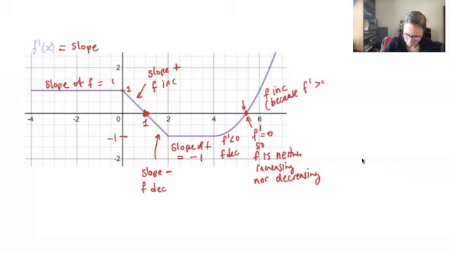Because f prime is positive, not because this is increasing. So this gives us an idea of where f is increasing or decreasing or neither, based only off information about the derivative.